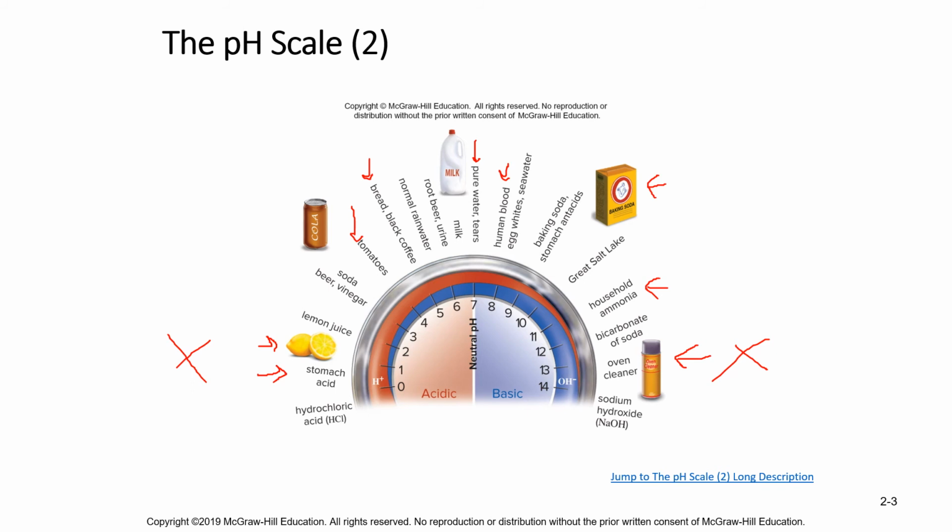Or stomach acid or car batteries are pretty acidic too. So that's another thing you don't want to get in your eyes. They can also irritate your airways, so you want to be well ventilated when you use any of these caustic items.